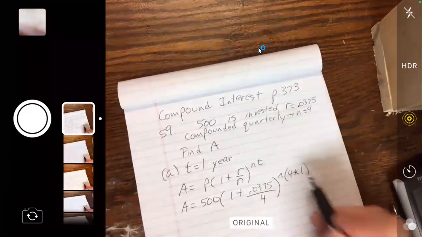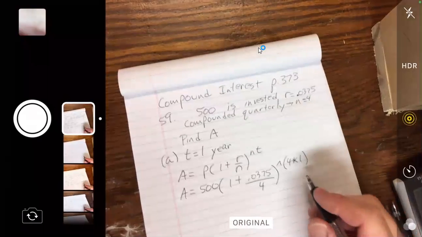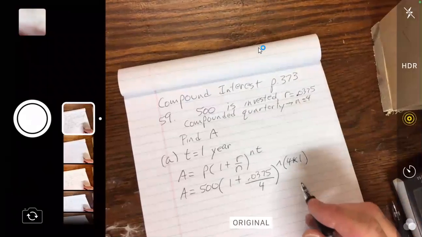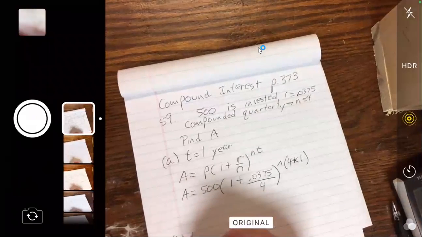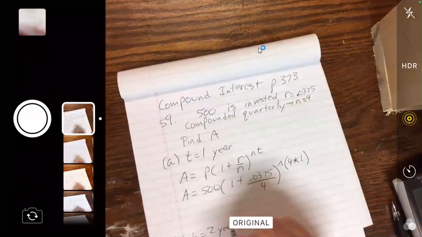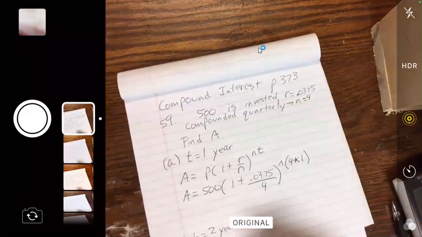Now, I don't technically have to do times 1 with 1 year. It'd just be 4th power, but I'm going to punch it because B is 2 years. T equals 2 years. And then C, T equals 10 years.